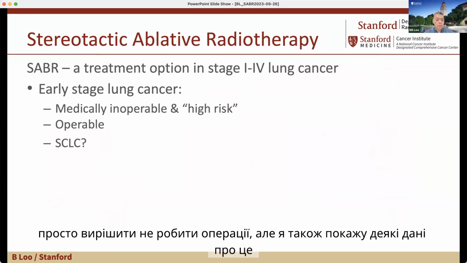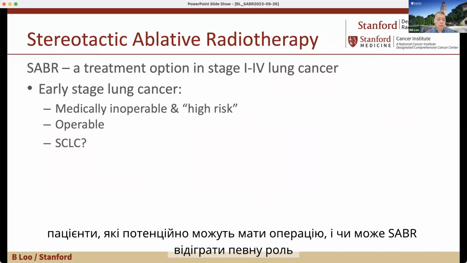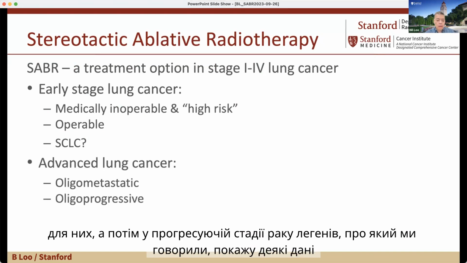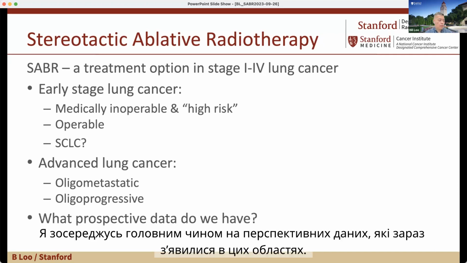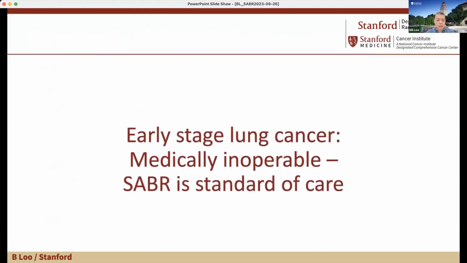But I'll also show some data about patients who could potentially have surgery and whether SABR may play a role for them. And then in advanced lung cancer, as we talked about, we'll show some data for oligometastatic and oligoprogressive scenarios. I'll focus mainly on the prospective data that have now emerged in these areas.